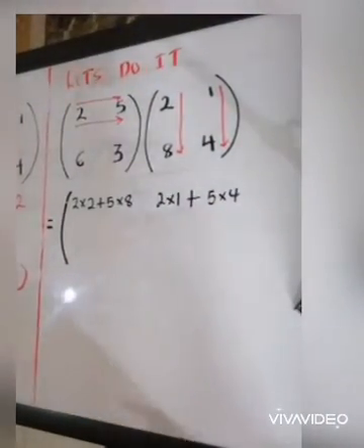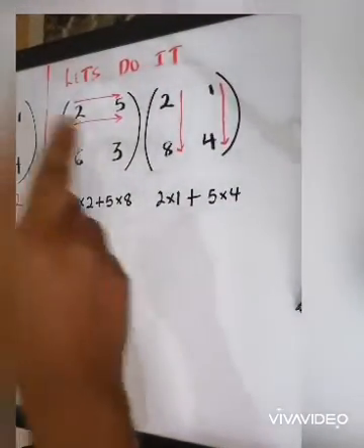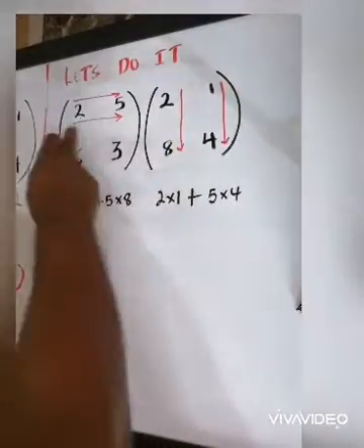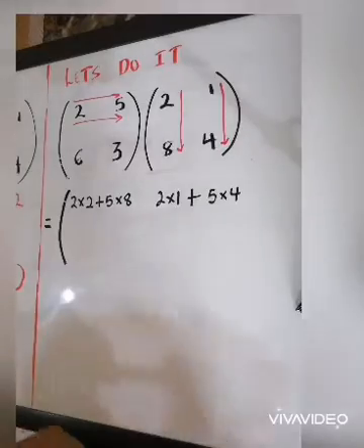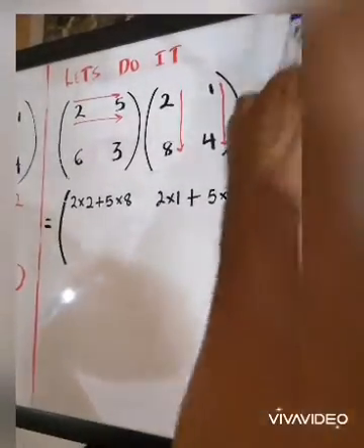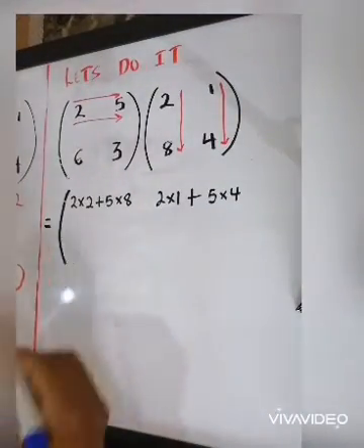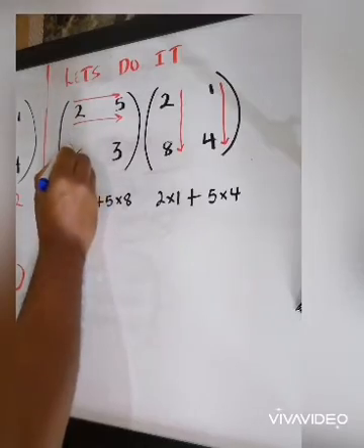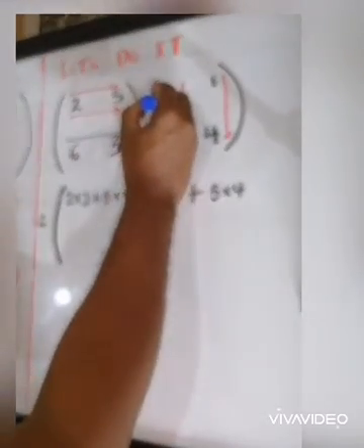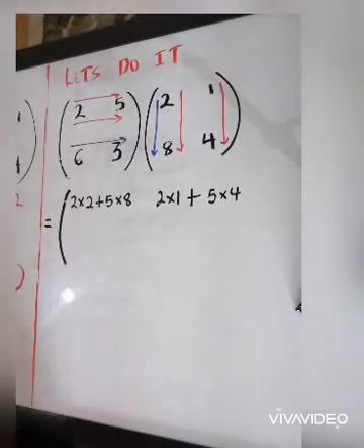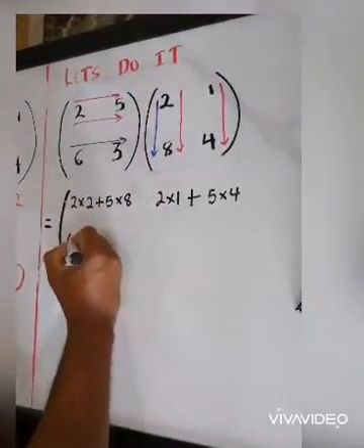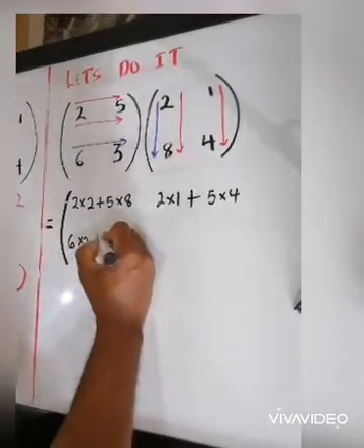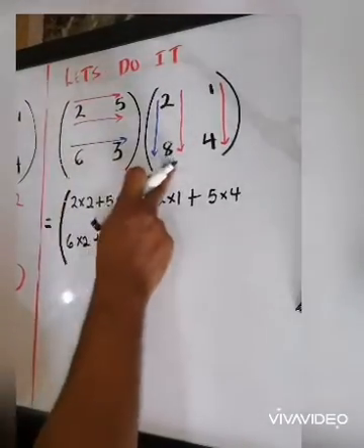Now we can see that there are no more columns to multiply this row by, so we're going to move on to the second row. So we're going to multiply this row by the first column. So we're going to have the first by the first, 6 by 2 plus 3 by 8.